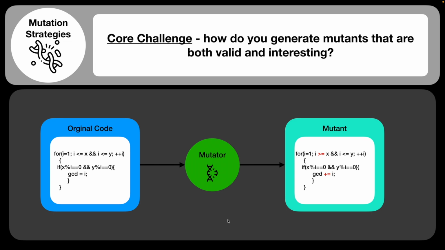So ideally you want to change the input in such a way that you are exercising the internal functionality of the program, not just the parser. And in general, making a small change means that your mutant is more likely to be correct, but less likely to find new behavior. So this is where you have this core trade-off with the mutator, where larger changes mean you get to interesting behavior quicker, but at the same time you get to invalid behavior quicker.